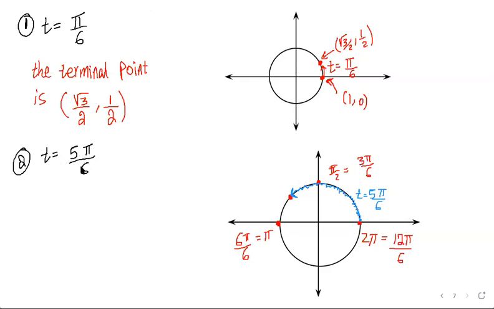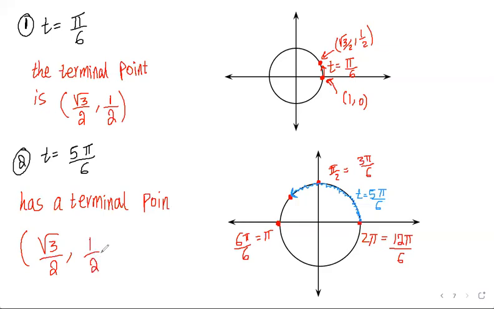It is square root of 3 over 2 comma 1/2, but the sign differs. In the second quadrant, the sign for the x value is negative, so here we write negative.